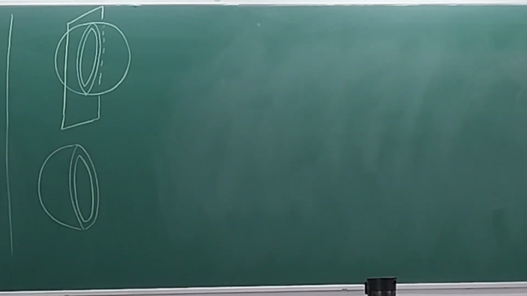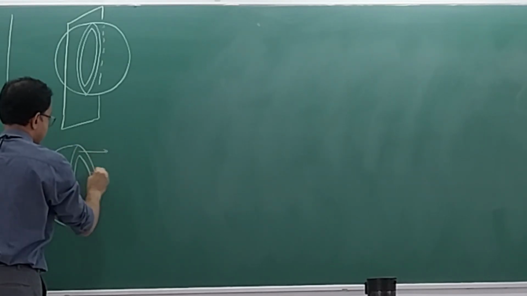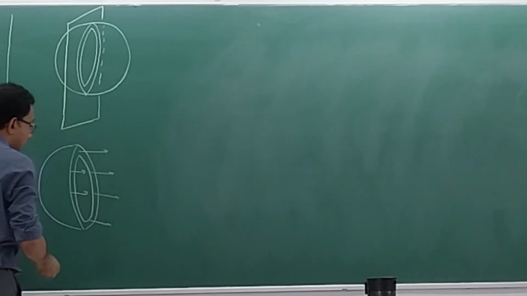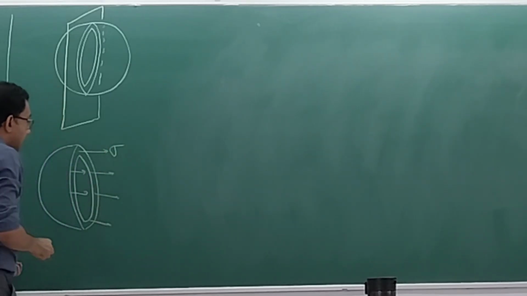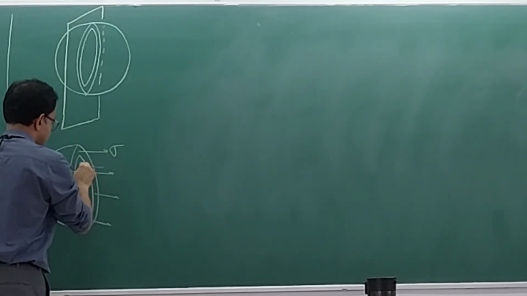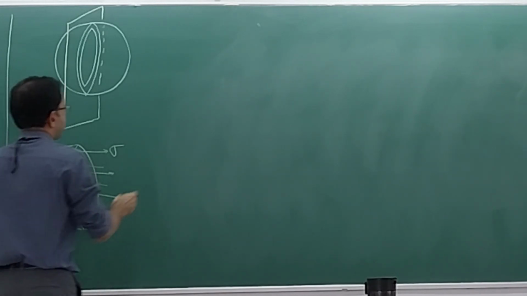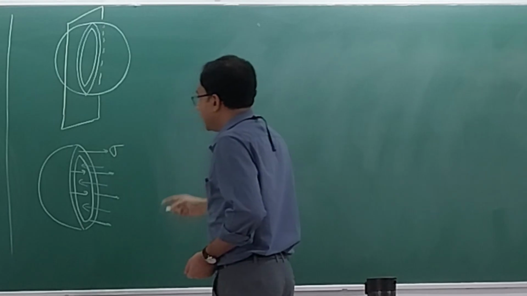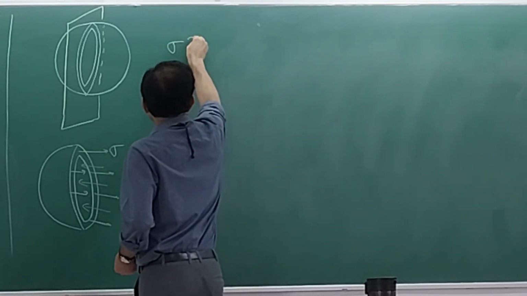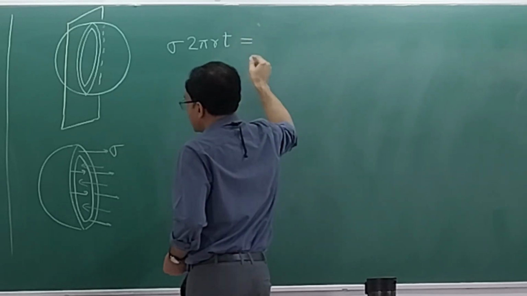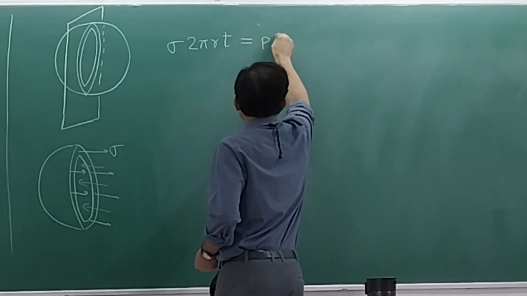Again we have this sigma, and you have this pressure here. So what do we have? Sigma into twice pi r into T is equal to P into pi r square.